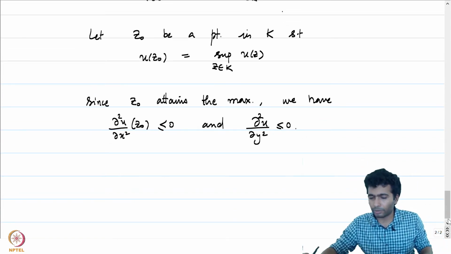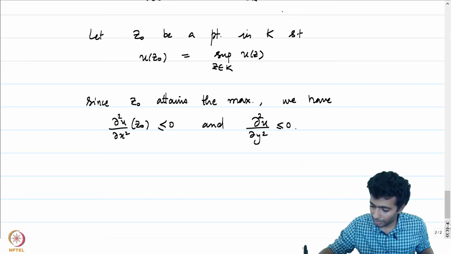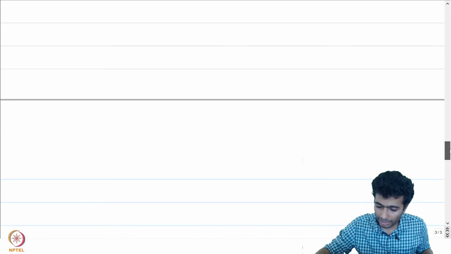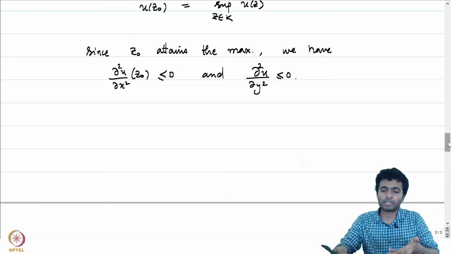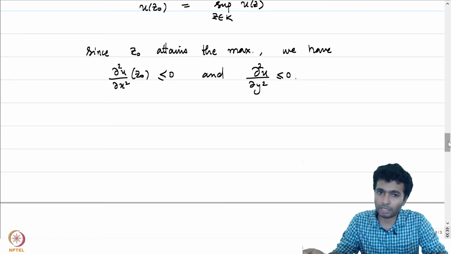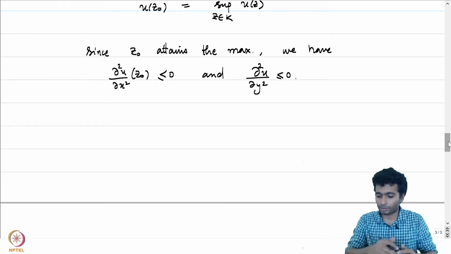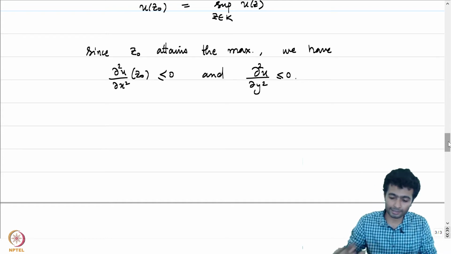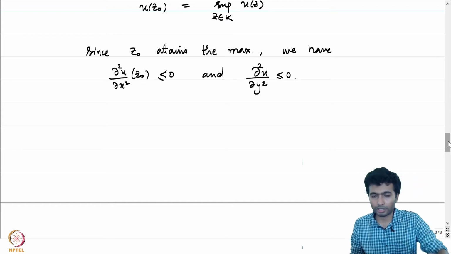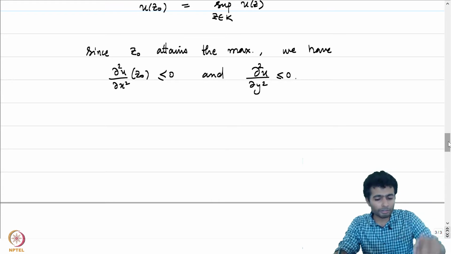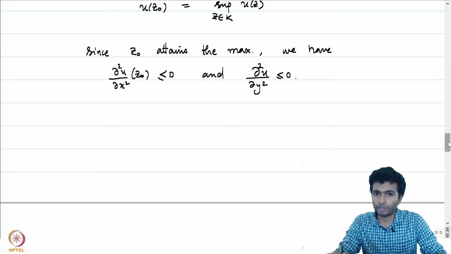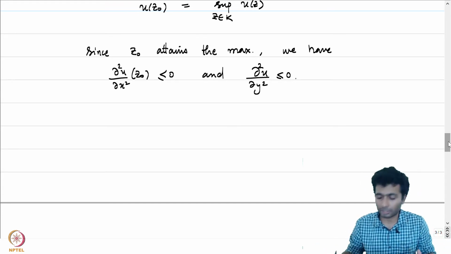But then we do not end up with a contradiction here, because it can happen that both of the partial derivatives are equal to zero, and that doesn't contradict harmonicity at least. So this will not, at least directly, tell us any contradiction. What we will do is tweak our function u a bit and arrive at some other contradiction.